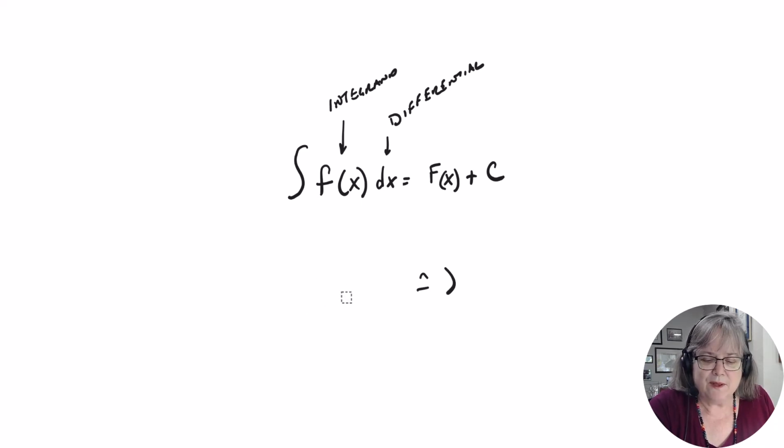What's confusing a lot of times is that they use f here, but this is actually the derivative of something, and they're asking you to find the original function, the one that you took the derivative of and got this.